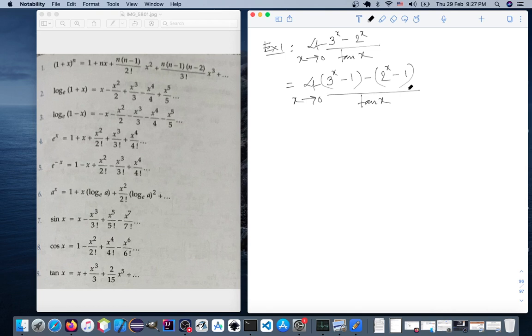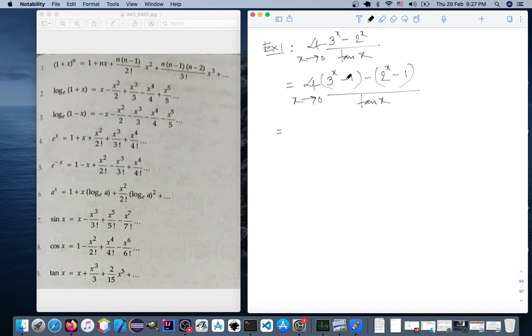For sure, to tackle 10x, we need to transform. We need somehow to create the expression 10x by x, and then we will do some adjustment later on so that we can use the limit 10x by x, x tending to 0 is 1. Now for 3 to the power x minus 1, we will need an x in the denominator, right?